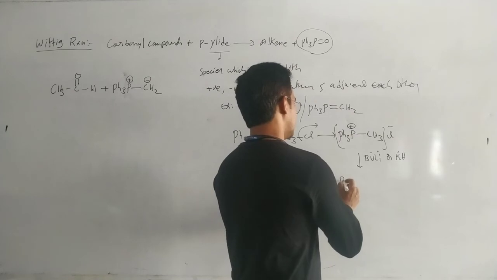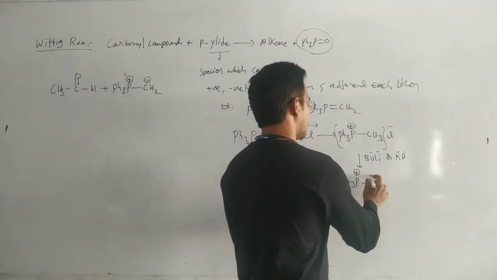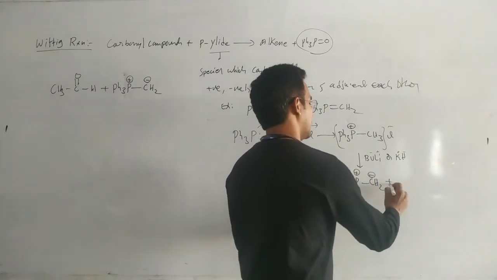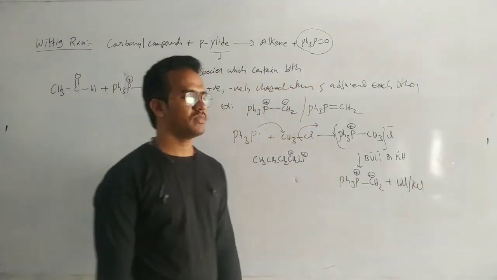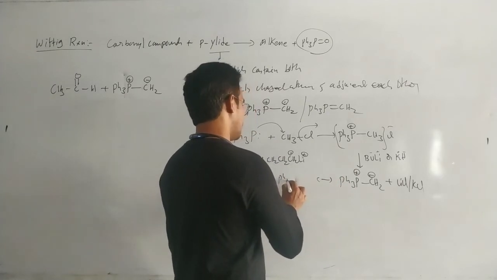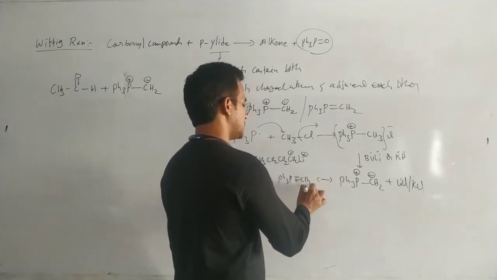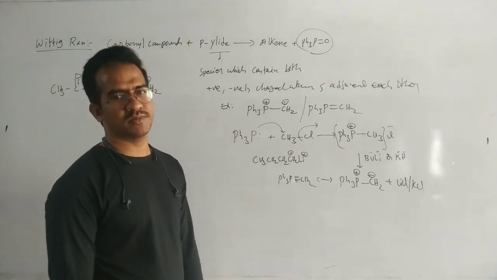That means the base is added for the removal of the proton from the carbon, so CH2 minus and then LiCl or KCl.